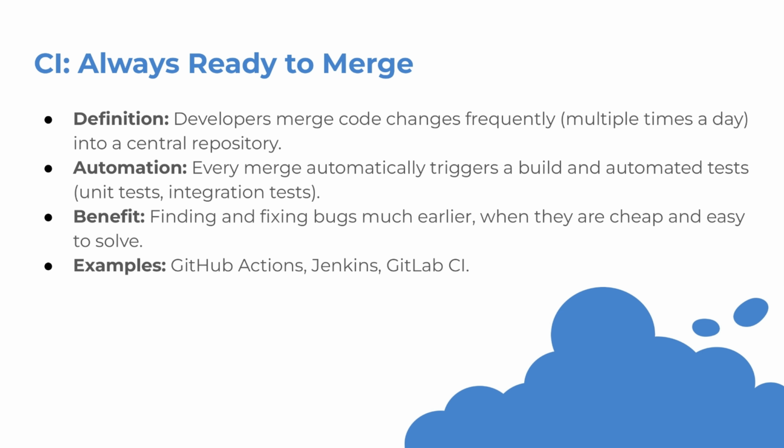Okay. So the first thing, CI, continuous integration, which means always ready to merge. Think of yourselves as a software developer, a front-end developer. You'll have changed, let's say, a background color from one color to another, and you push these changes.